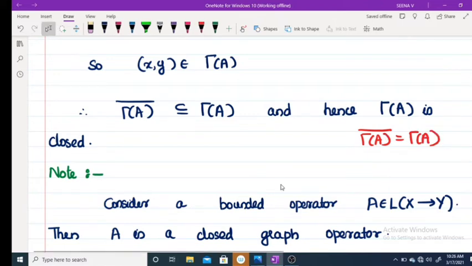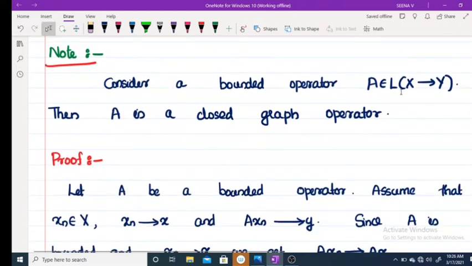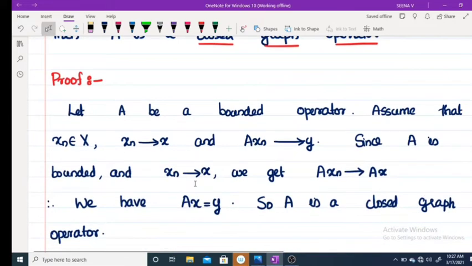Clear? Now moving to the next note. Consider a bounded operator A belonging to L(X, Y). Then A is a closed graph operator. Let A be a bounded operator.